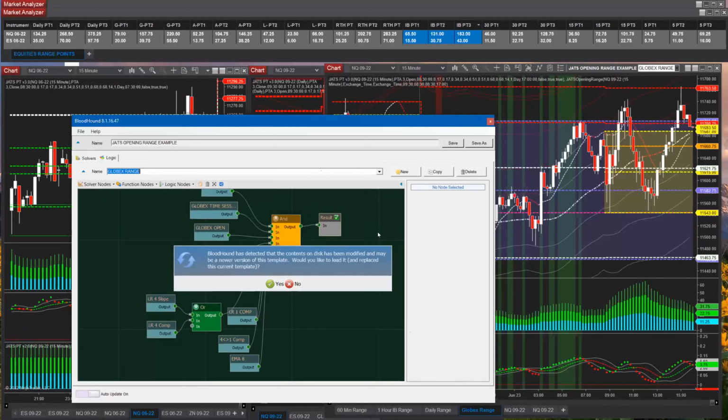But I'll have to modify this a little bit because I am using my opening range indicator and my linear regression indicator with this sample.